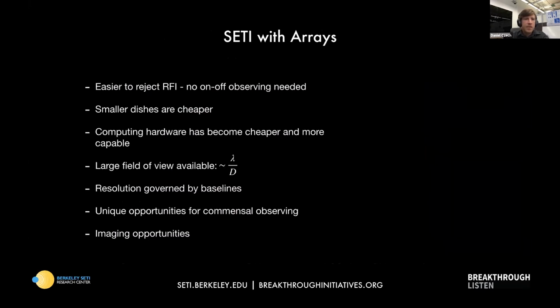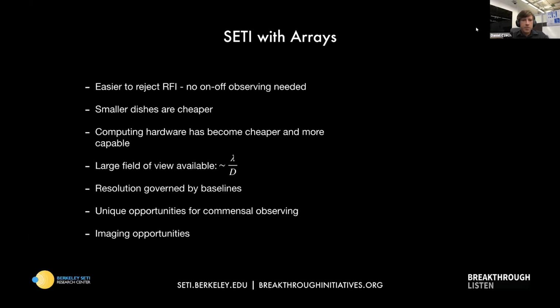But in any case, SETI with arrays has a number of advantages. It's easier to reject RFI. One does not have to do on-off observing as one does with single dish radio telescopes. By forming multiple electronic beams, you can obviate the need for that, because you can look at different parts of the sky simultaneously and electronically.